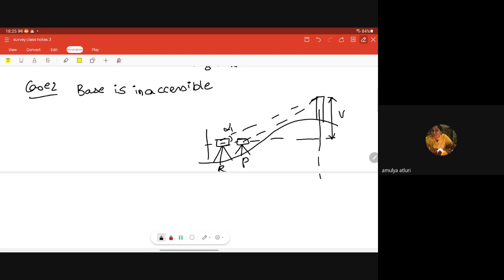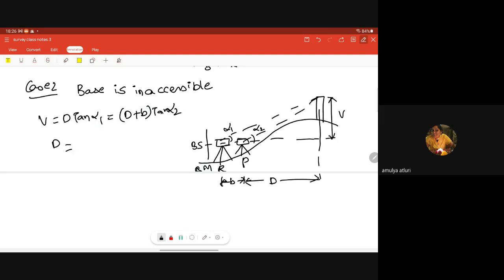This is alpha 1, and from the other station it is alpha 2, from two positions. This is BS and this is BM benchmark. And the distance between these two is B and this is D. Then my V is equal to D tan alpha 1, that is equal to D plus B, right? So here the total length is D plus B into tan alpha 2.